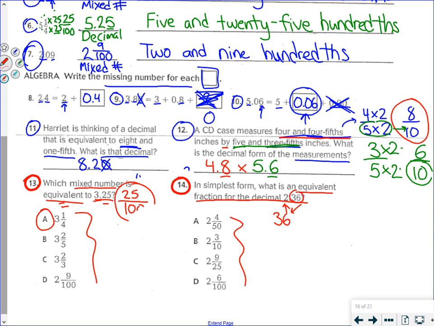I notice it ends in the hundredths spot, so 36 hundredths. I know that we probably can't divide by 30. 100 divided by 36 won't work.